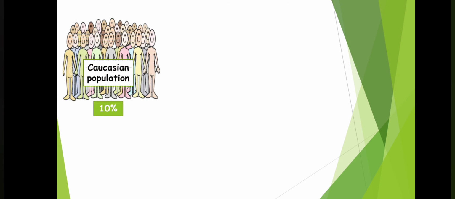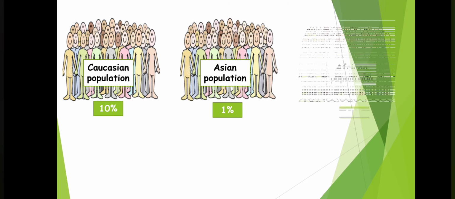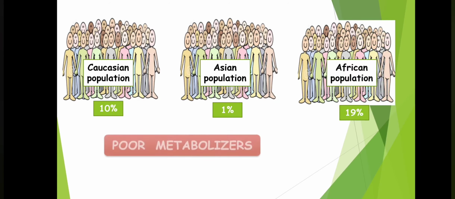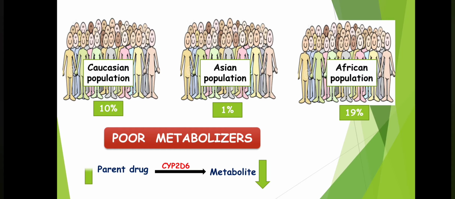It is estimated that approximately 10% of the Caucasian population, 1% of the Asian population, and 19% of the African population have the poor metabolizer phenotype of CYP2D6, which will result in reduced metabolite but increased plasma concentration of the parent drug.